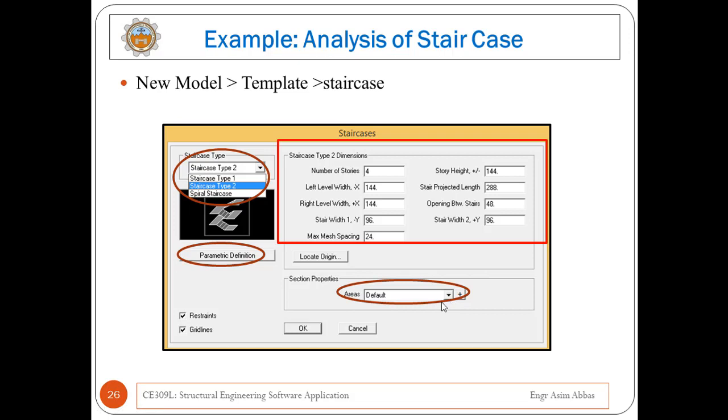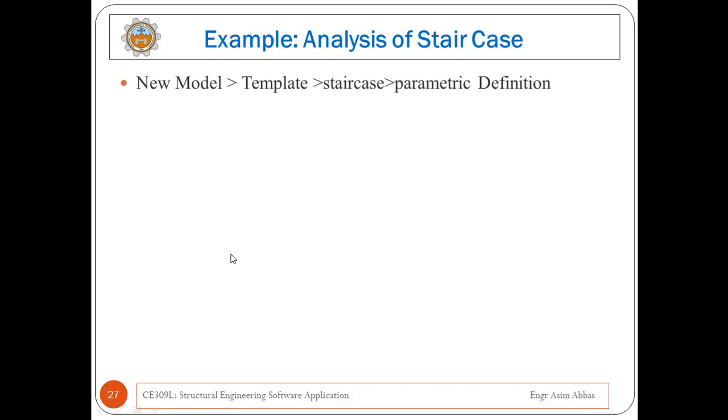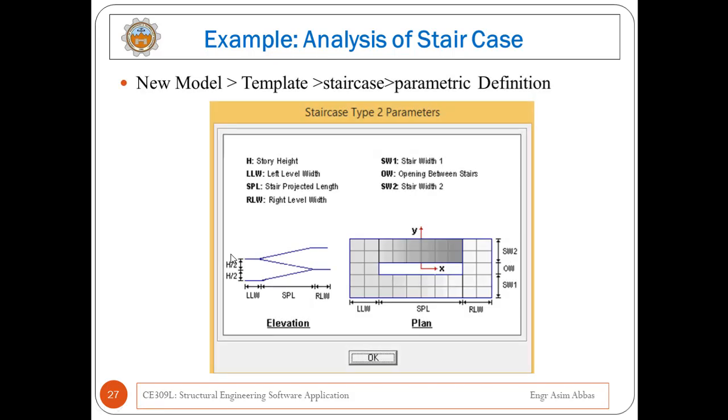Okay, so when you click on the parametric definition, for type 2 staircase, these are the different parametric values. Okay, h is actually the height of story, and LLW is left level width. This one LLW, and this is SPL, the stair projected length, and this is the right level width, right?